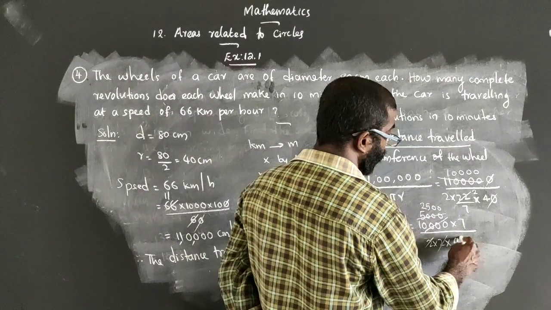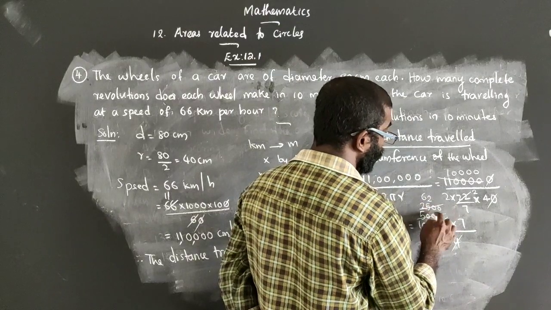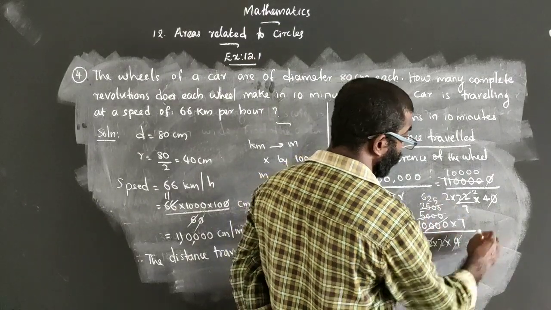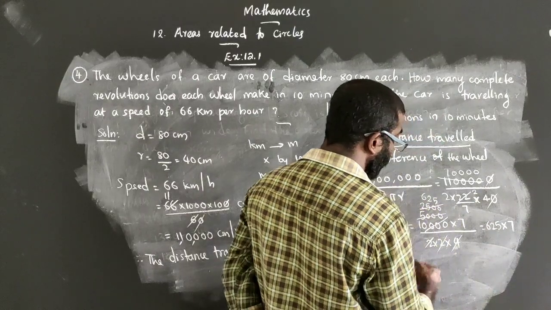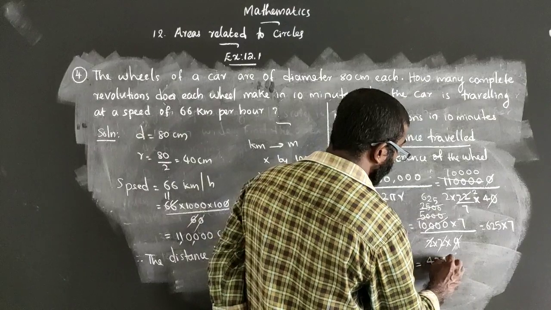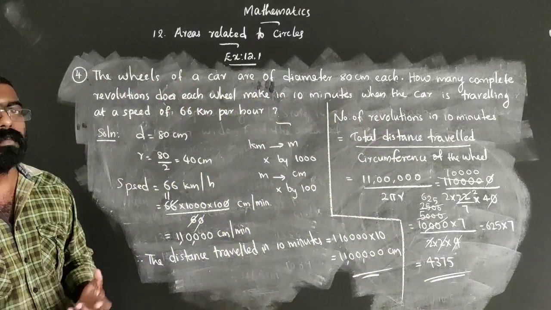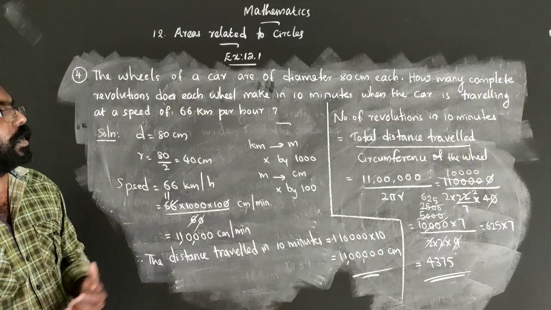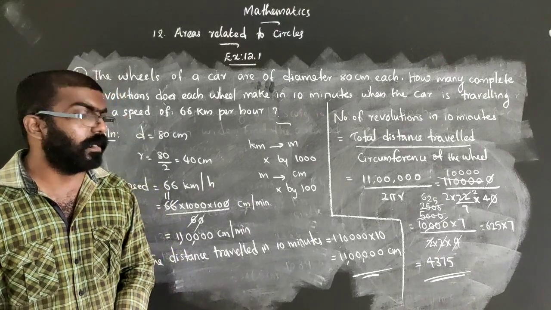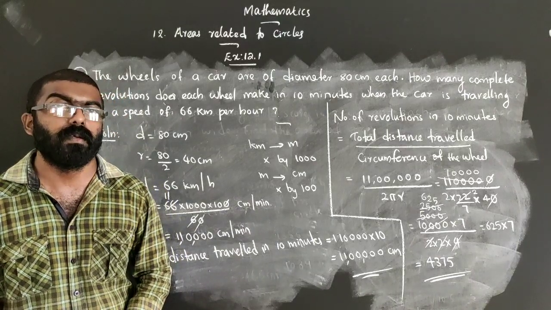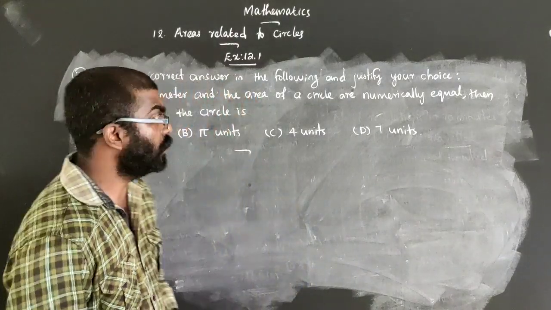Again we can cancel it by 4. 6 fours are 24, 1 balance 10, 2 fours are 8, 2 balance 20, that is 5. 625 into 7, and which is equal to 4,375. So what we can conclude, the number of revolutions the wheel makes in 10 minutes is equal to 4,375. Clear?